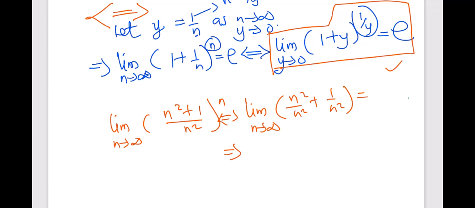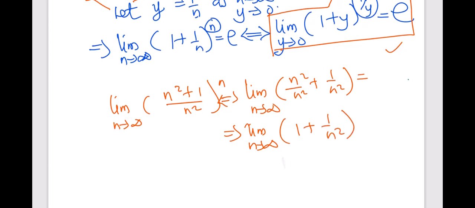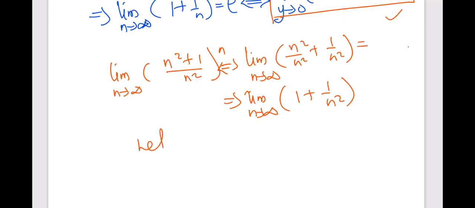This implies we have the limit as n approaches infinity of 1 plus 1 over n squared, like this. So you can let y be equal to 1 over n squared.